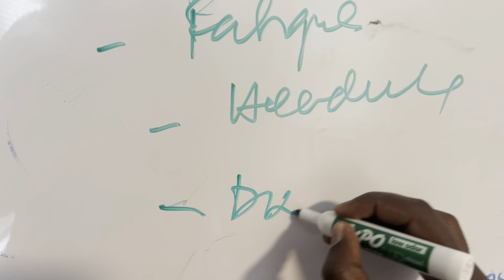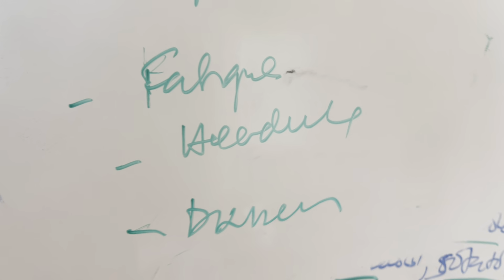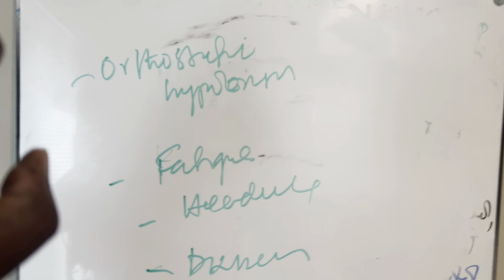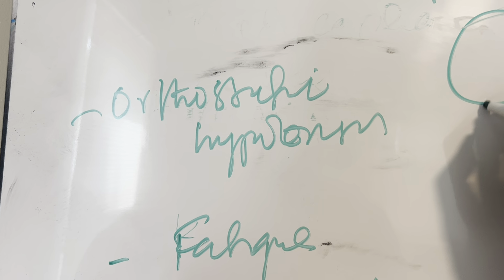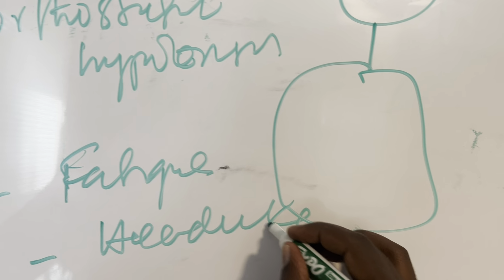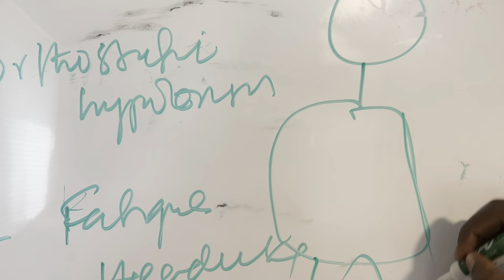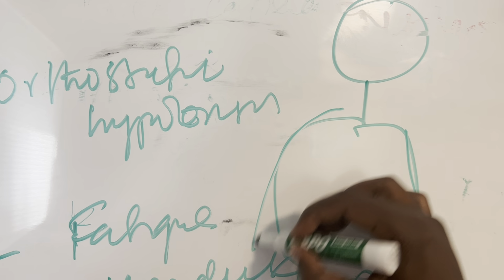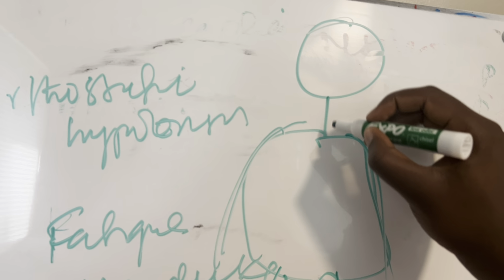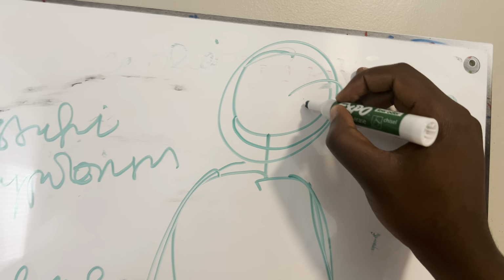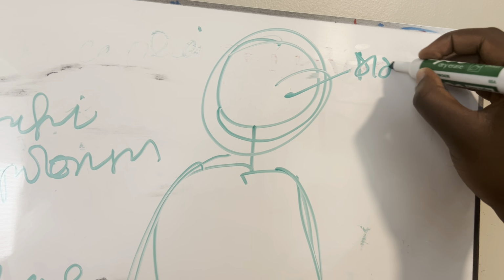Dizziness happens because they cause peripheral vasodilatation, meaning, taking a human being as an example, most of the blood will move to the legs and the hands. As a result, less blood will remain in the head, leading to dizziness.